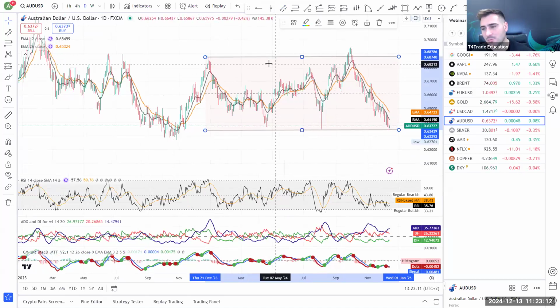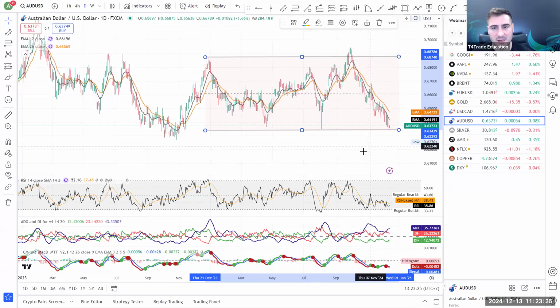From a medium to long-term point of view, we're talking about from last year, so a year's time, we've seen the Aussie dollar stuck between around 0.69 and 0.64 or 0.63 areas.